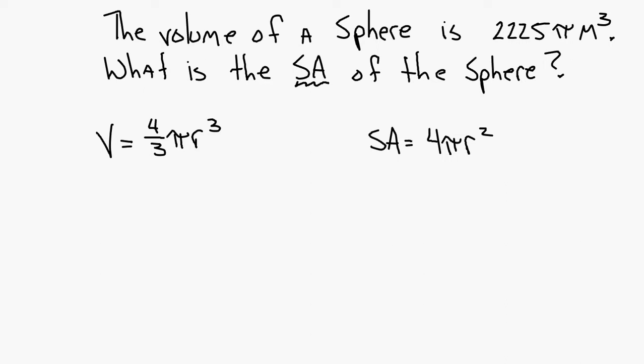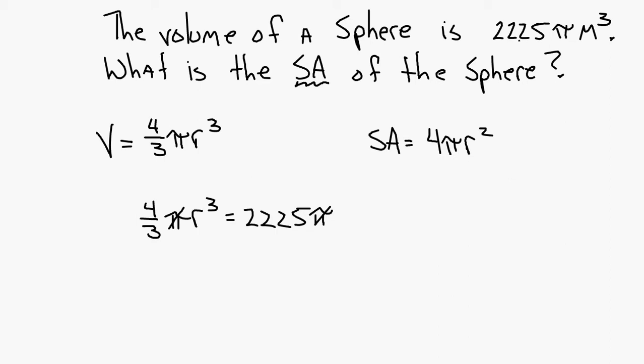Okay? So you're going to make this 4/3 pi r cubed equal to 2225 pi. So these pi's cancel, right?